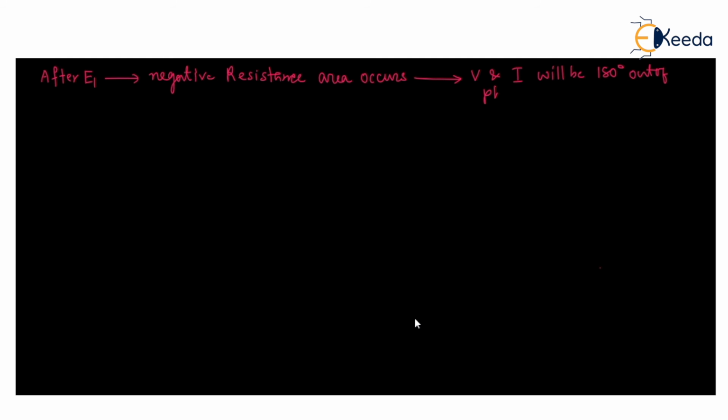After E1, the negative resistance area occurs, and in this negative resistance area, we know that the voltage and the current will be 180 degrees out of phase.